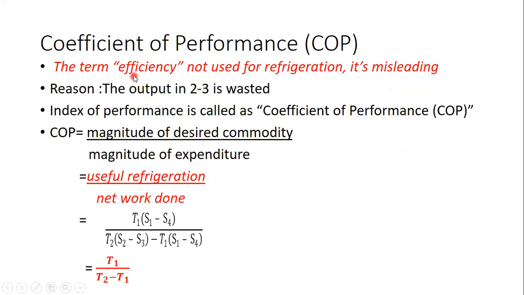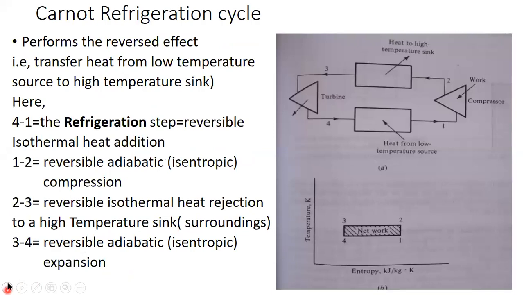Okay. So we cannot use the term efficiency for refrigeration. Why? Because it is a misleading term. Because the term efficiency means output by input. But what is the output in our refrigerator working? If you observe here, the output means the heat is getting rejected. The term output here means the heat is getting rejected to the surroundings, or the heat is getting wasted.